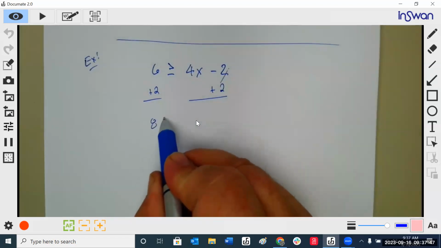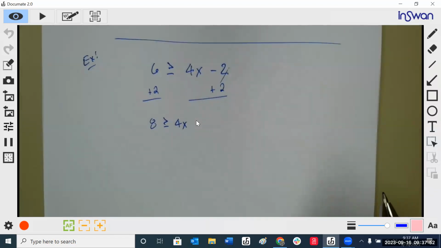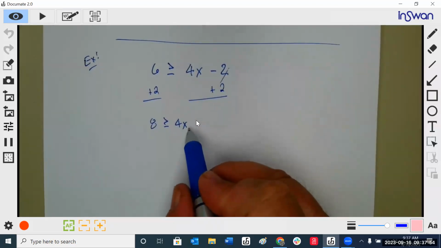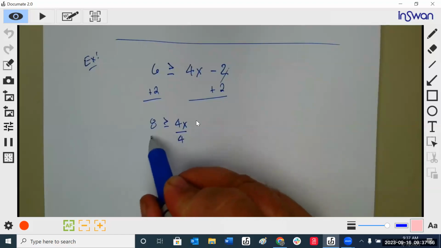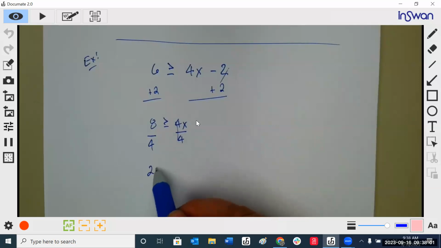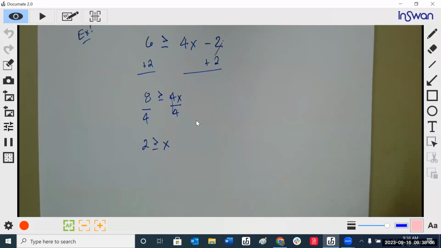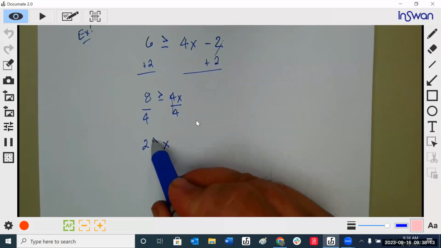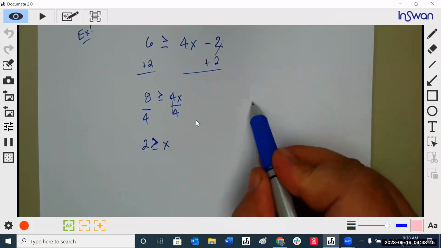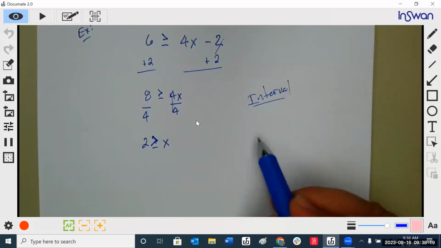So we have 8 is greater than or equal to 4x. Then what? So 8 divided by 4 is 2. And the 4's cancel. Again, that's set notation. So we need interval. And we need graph.